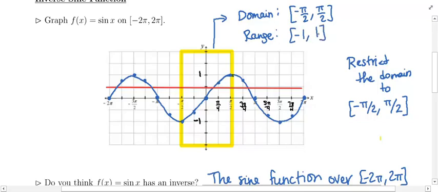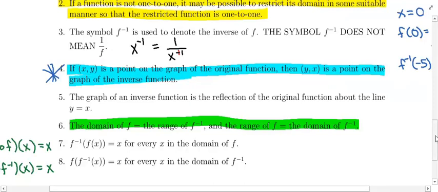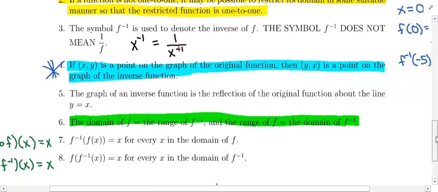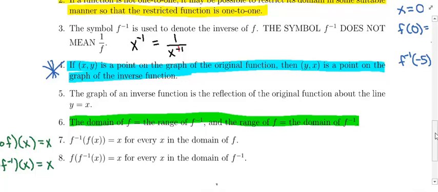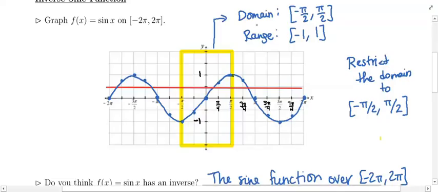Remember that other major property of inverses, the one in green: the domain of the original function is equal to the range of the inverse, and the range of the original function is equal to the domain of the inverse. So that's what's happened here. What's inside the yellow box is considered the original function.